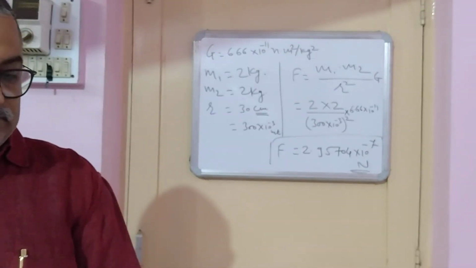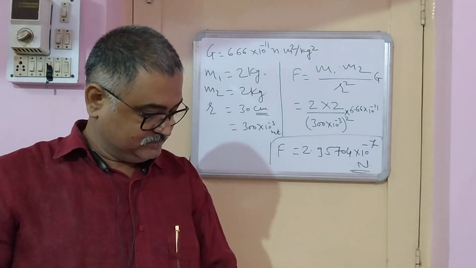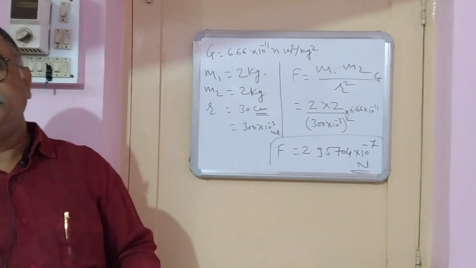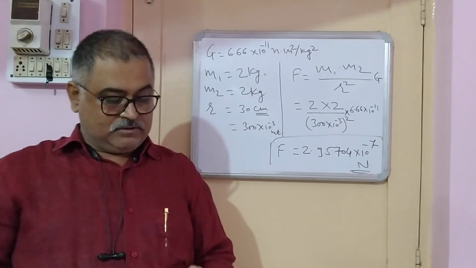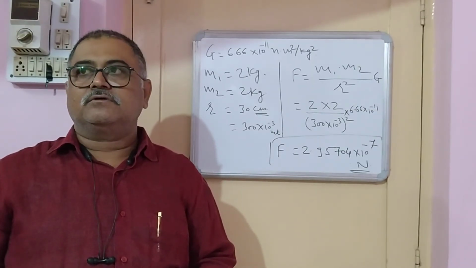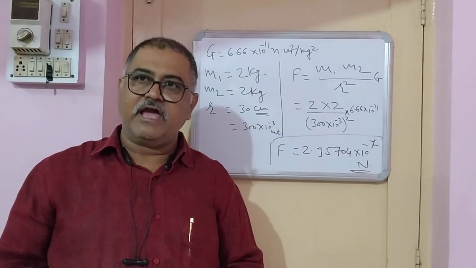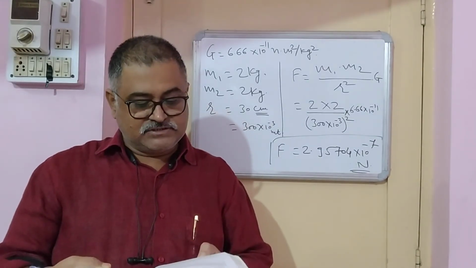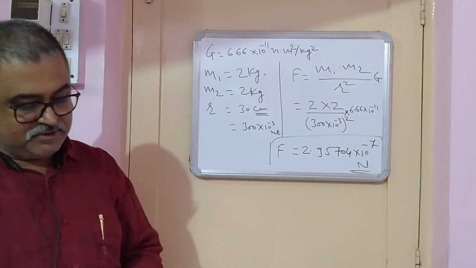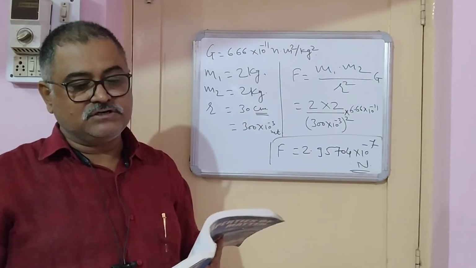In this chapter, the important questions you may write that in annual examination they may ask: State the law of universal gravitation and describe a method of determining the gravitational constant.